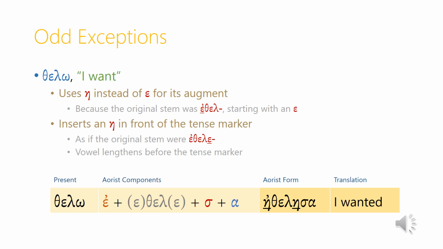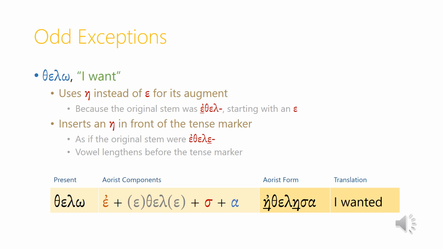The other odd thing is that even though it's not a contract verb, thelo inserts an eta in front of the tense marker. So it's as if the original stem weren't just ethel, but were ethele. And the imaginary epsilon there, that vowel lengthens before the tense marker from an epsilon into an eta.